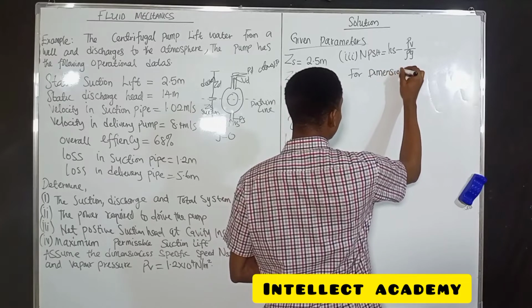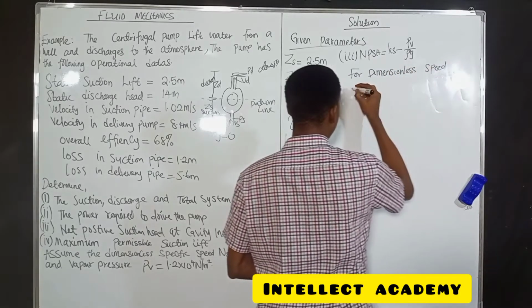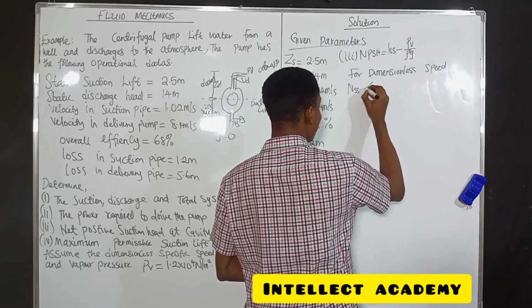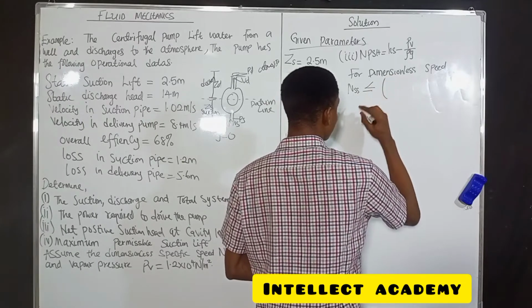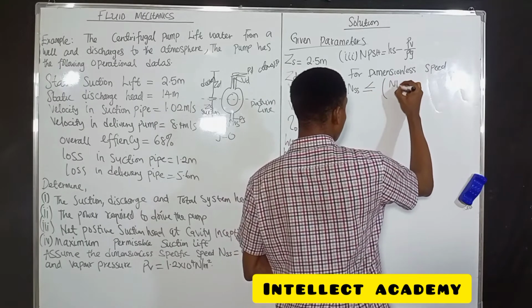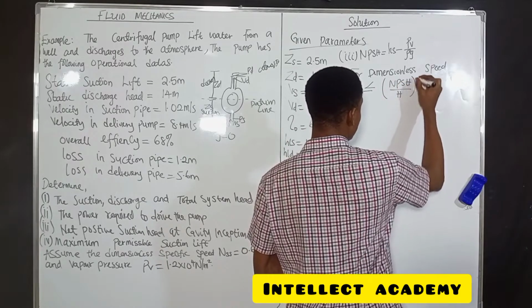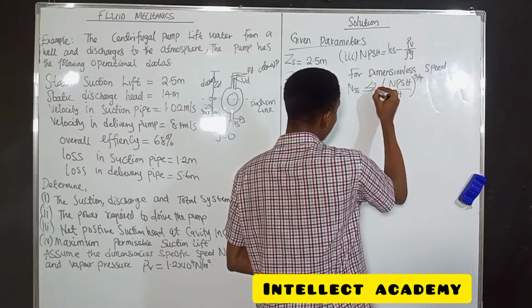So for dimensionless speed, we have that our NSS is less than or equal to the bracket NPSH over H, raised to the power 3 over 4, multiplied by 2.88.